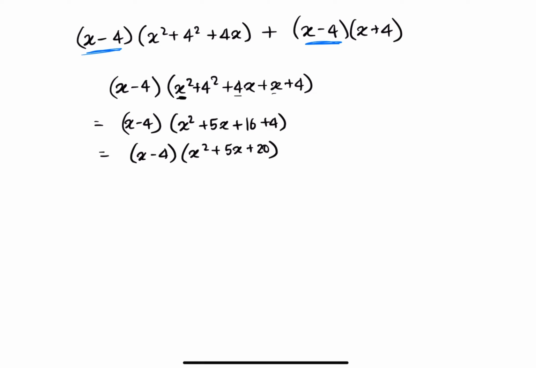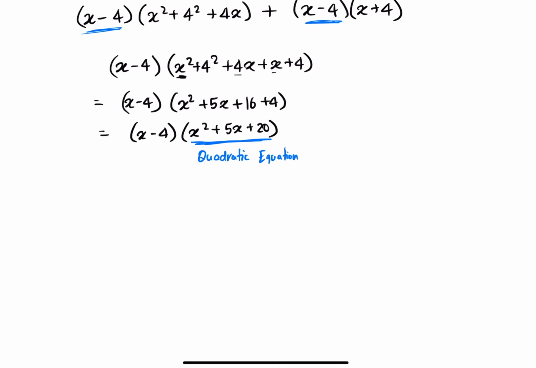Now, if you look closely, this is a quadratic equation. If we want to find the value of x, we use the quadratic formula: minus b plus or minus the square root of b squared minus 4ac, divided by 2a.